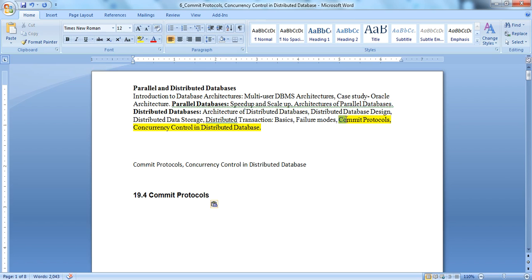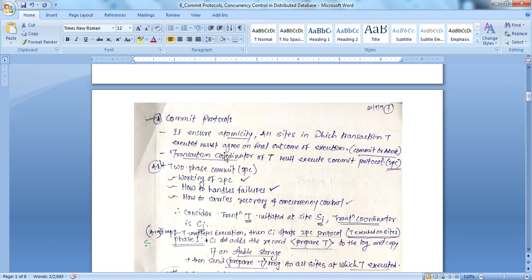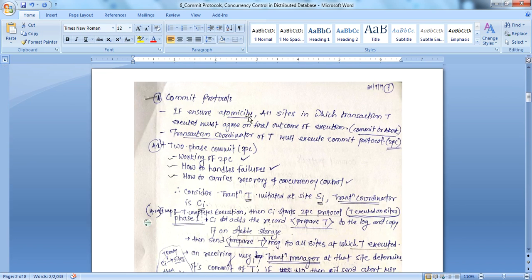Now, what exactly is the use of the commit protocol in a distributed transaction? Let's look at how the commit protocol works. To ensure atomicity, all sites in which transaction T executed must agree on the final outcome of execution.